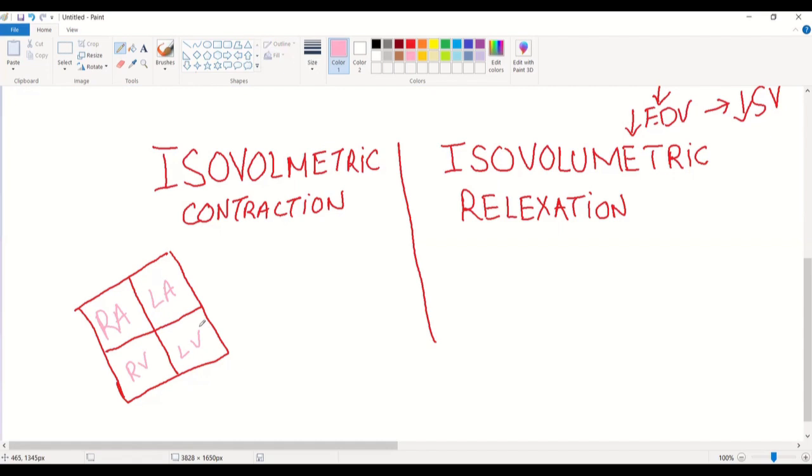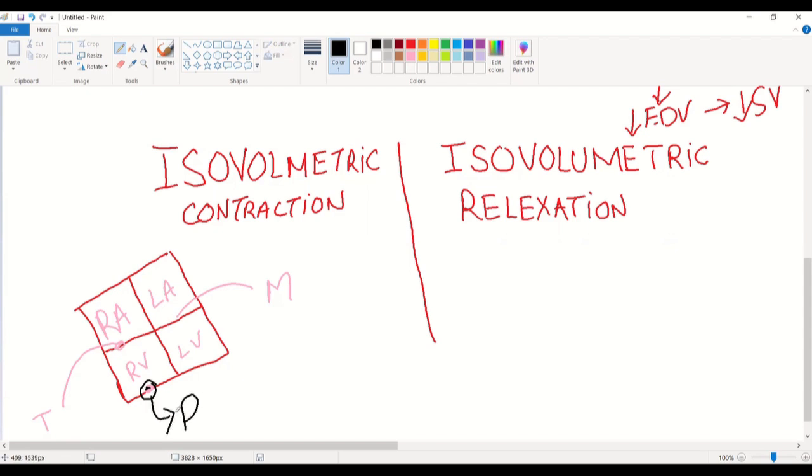The valve between the right atrium and right ventricle is which valve? Tricuspid valve. The valve between the left atrium and left ventricle? Mitral or bicuspid valve. The valve between the right ventricle and pulmonary artery?